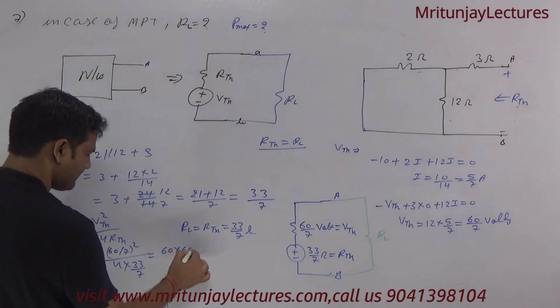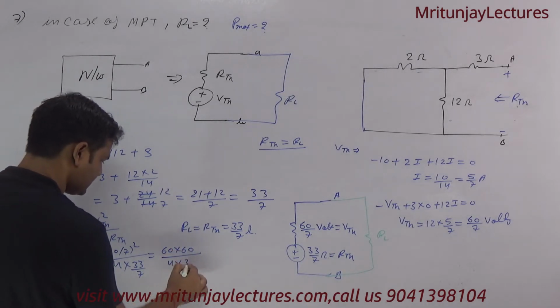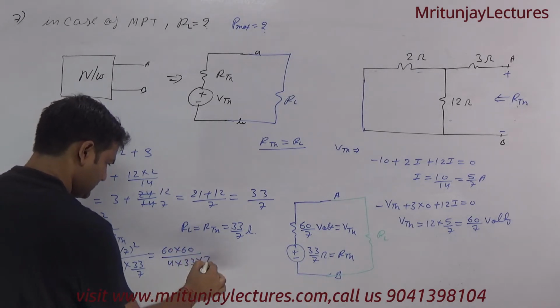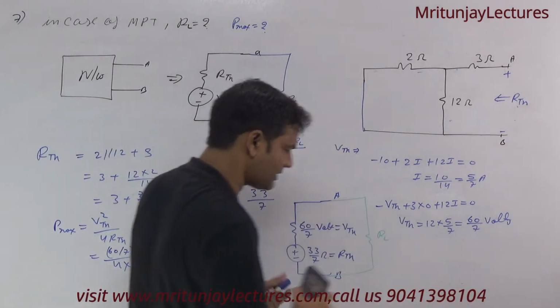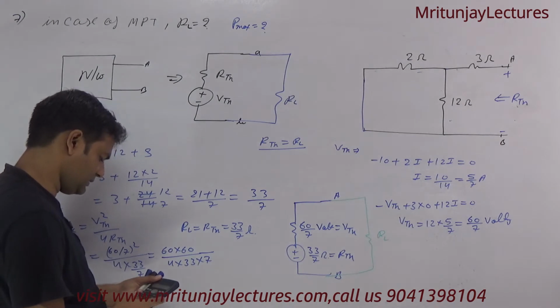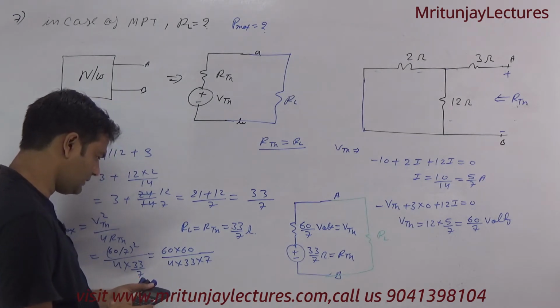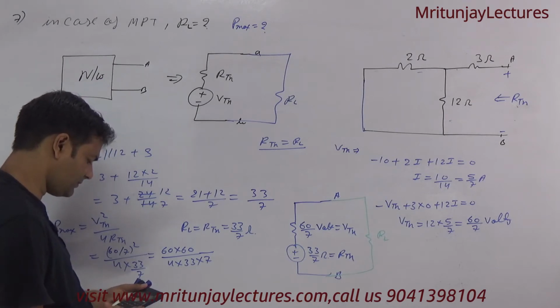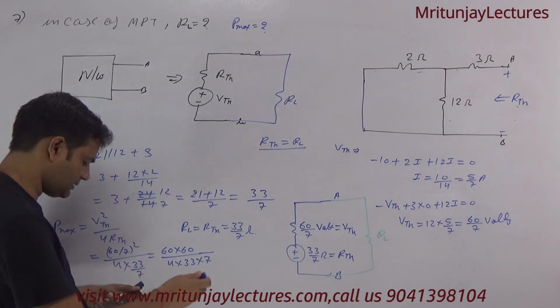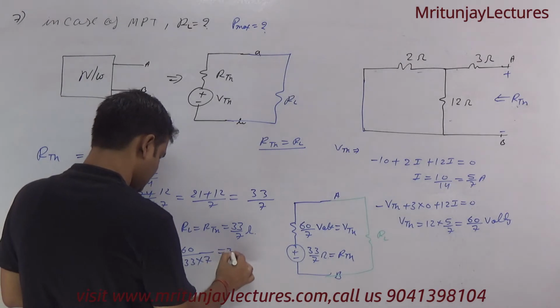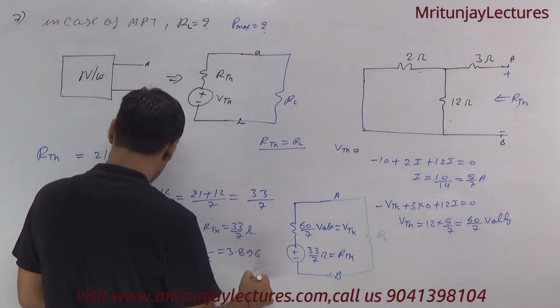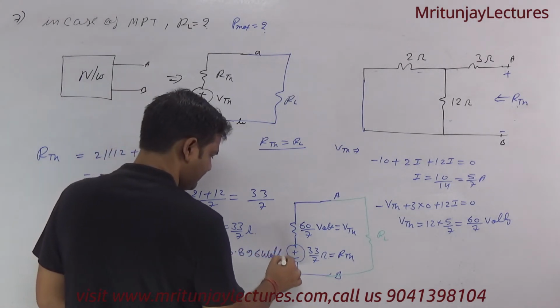That is 60 into 60 divided by 4 into 33 into 7. Clear? With the help of a calculator, you can determine 60 into 60 divided by 4, again 33, again 7, and finally we got 3.896 watt as the final answer.